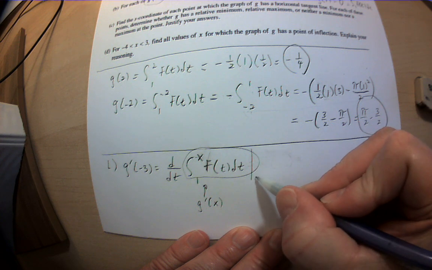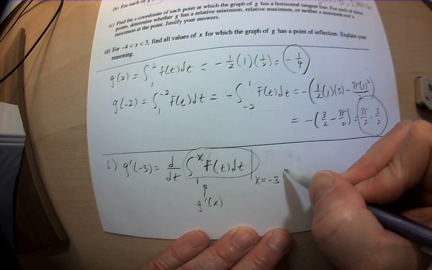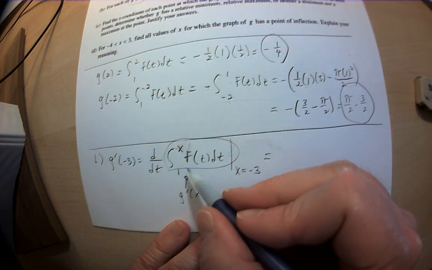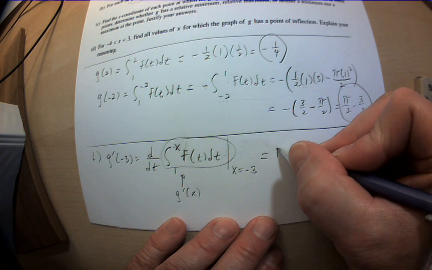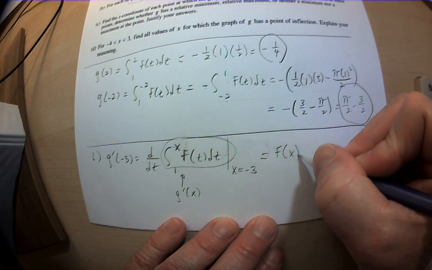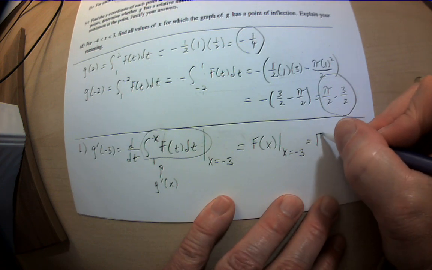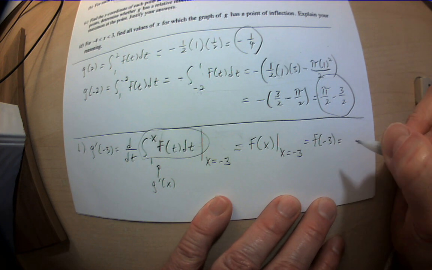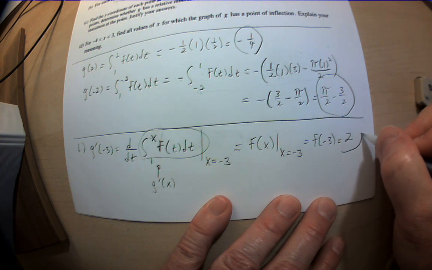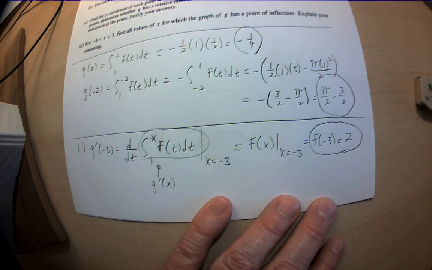And then, guys, I'd be evaluating when x equals -3. So the derivative of the integral, if you remember the fundamental theorem of calculus, it's just f of x evaluated at x equals -3. So it would be f of -3, which is 2. So that's the answer to the first part.